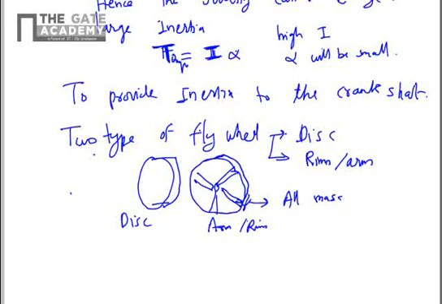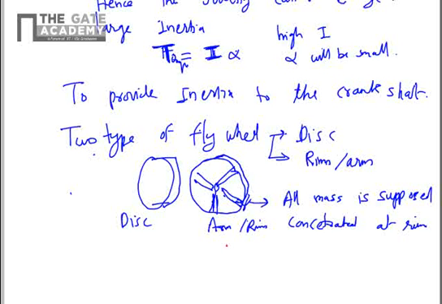So in this type, all mass is practically concentrated at the rim only. So the mass of the arm is very less, and its contribution to the moment of inertia is still less because it is closer to the center.